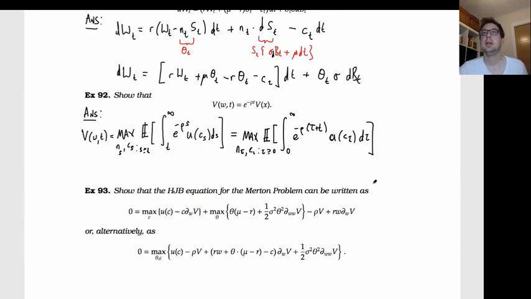And you can notice all this has done is essentially just shifting time a little bit. The only thing we're going to pick up out of here is an e to the minus rho t term, and I've got exactly the same optimization I did before for the value function started from time 0.